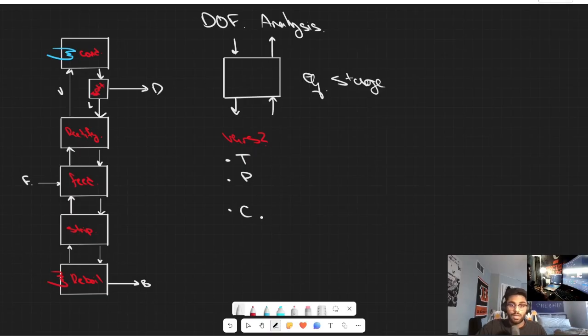So the temperature and pressure attribute for one variable each, and the components attribute for C variables. And then you're also going to have a temperature and pressure of the streams. So you're going to have two more variables to worry about there.